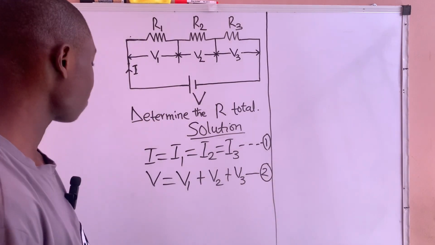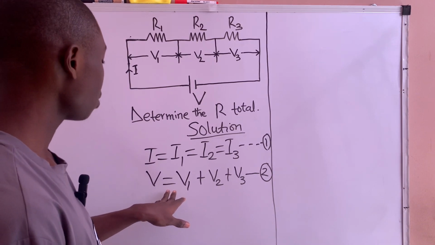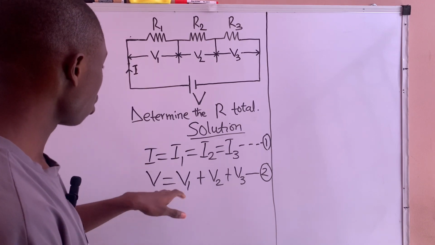What is our aim? Our aim is to find the value of the element that differs in this series network, which is voltage.